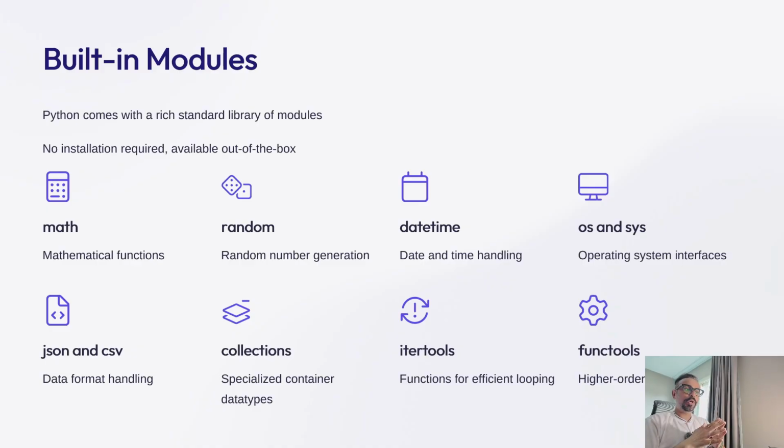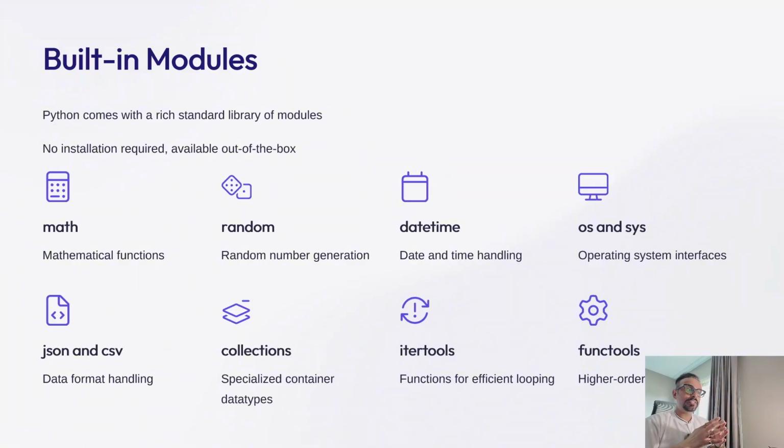Some particularly useful modules for data science and machine learning work include math for mathematical functions, random for random number generators, datetime for working with dates and times, os and sys for interacting with the operating system, JSON and CSV for handling common data formats, collections for specialized data containers, and itertools and functools for functional programming tools that we are going to use.